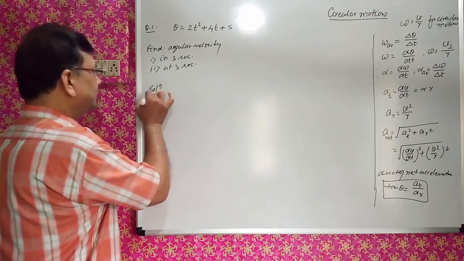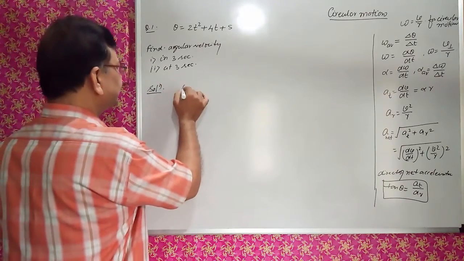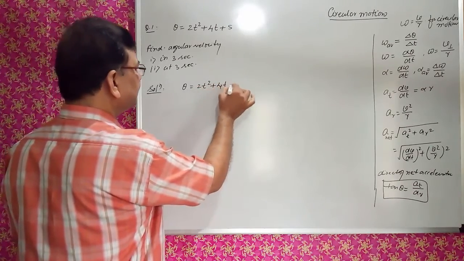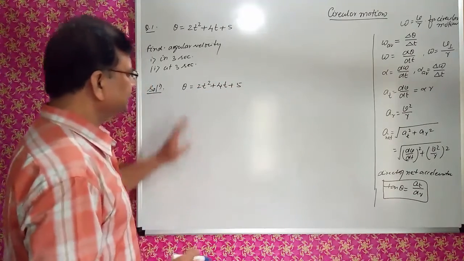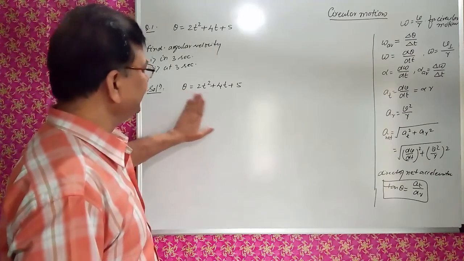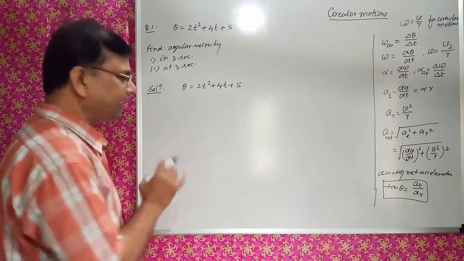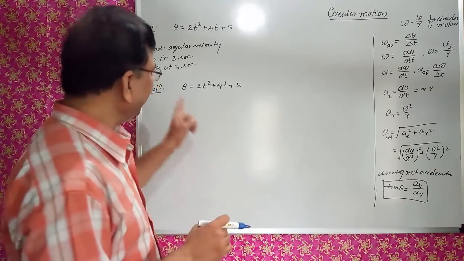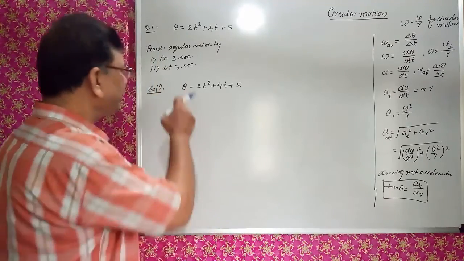So, what is given? Theta is equal to 2t square plus 4t plus 5. This is the relation between angular displacement and time. So we will find two displacements at two different times. At the initial stage, what was the angular displacement?